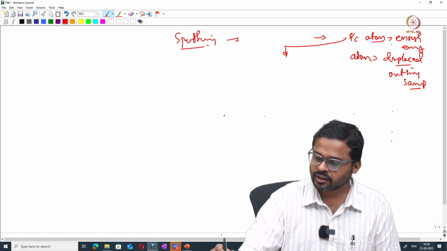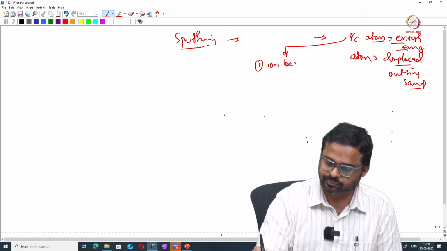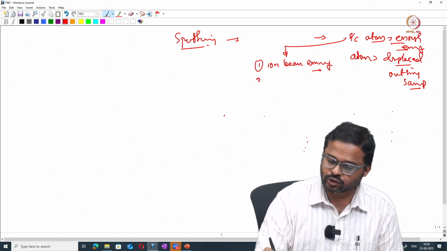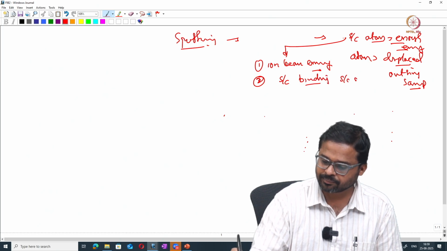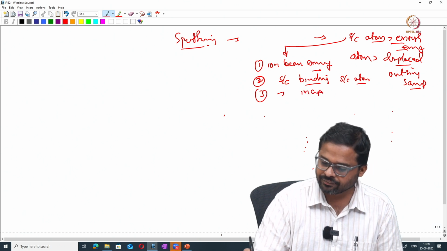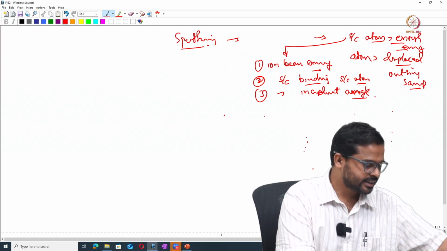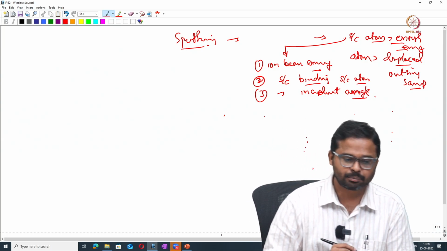One is that the ion beam should have enough energy, the initial ion beam energy. It also depends upon the binding energy of the surface atoms, and the third is the incident angle, which is a very important parameter, an important setting where you can actually increase the sputtering process, or the rate of sputtering, which we can call the sputtering yield.